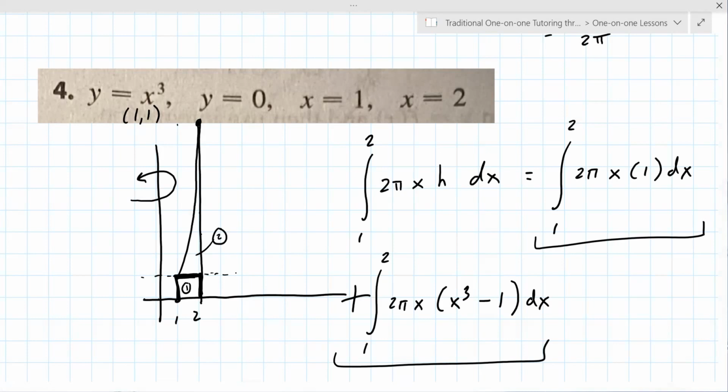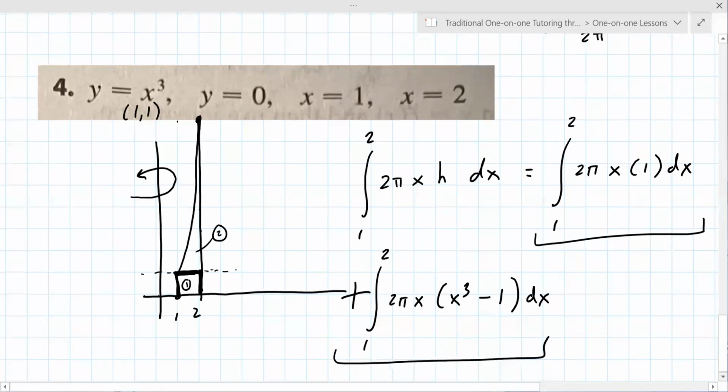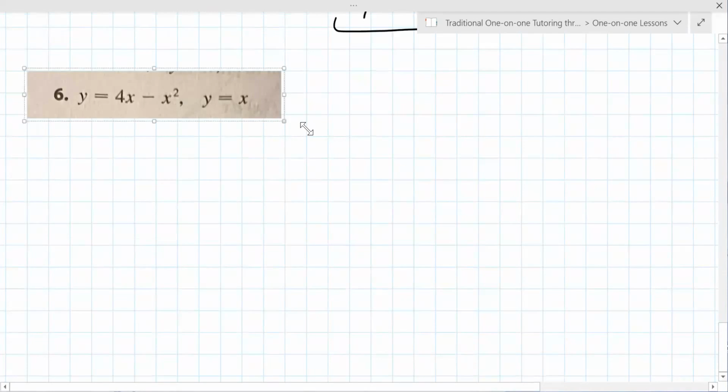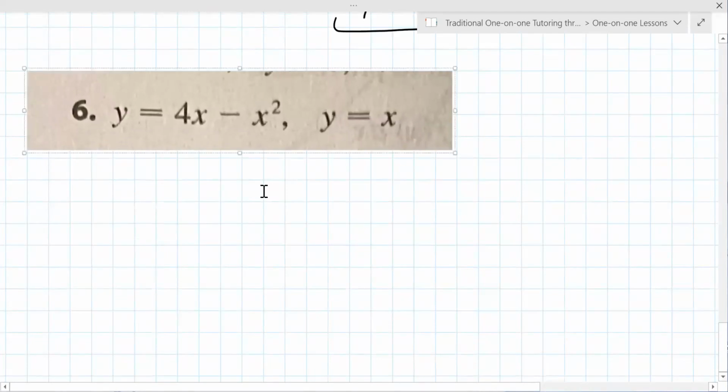Okay, so now let's look at 6. So y equals 4x minus x squared, and then y equals x. They don't give you anything more than this.